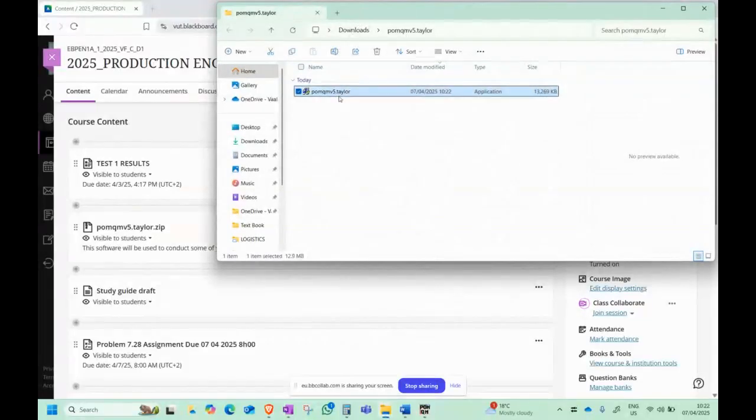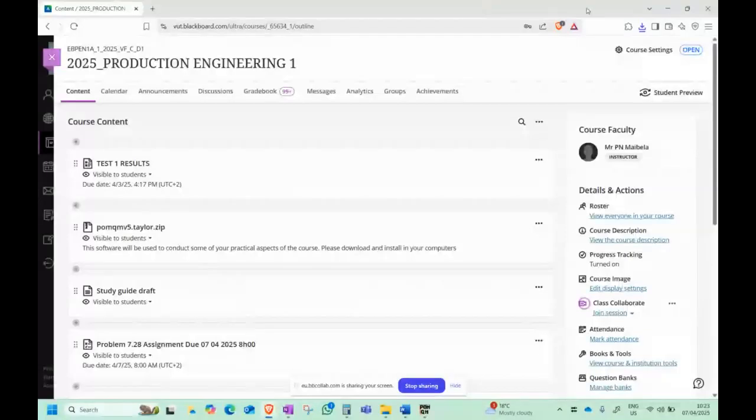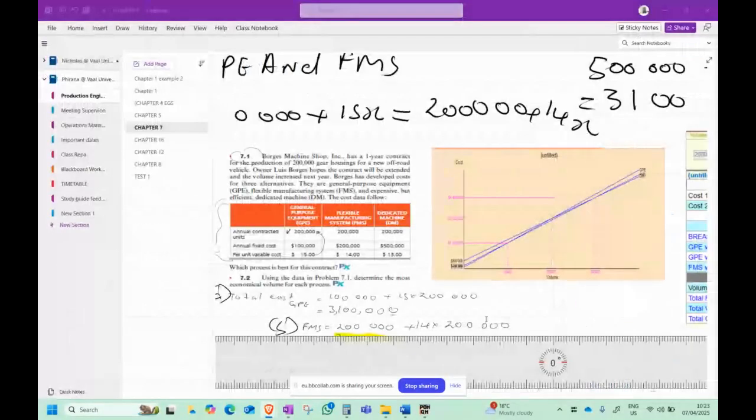Then you install by double clicking and following the prompts. You say yes, and then you continue until the software can work. Then you do the exercise 7.1 and you submit. You submit this by tomorrow 12 p.m.